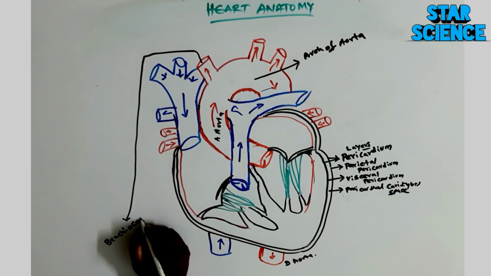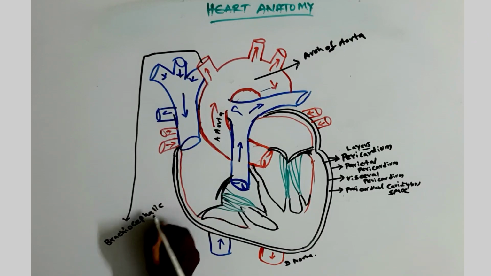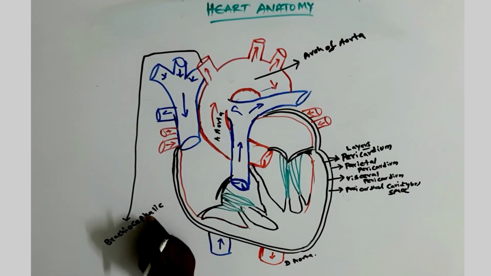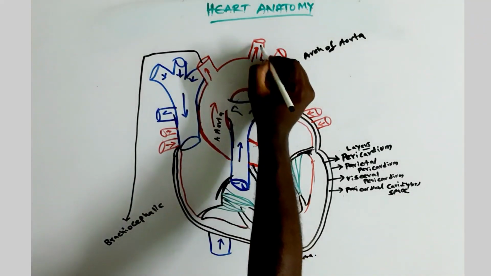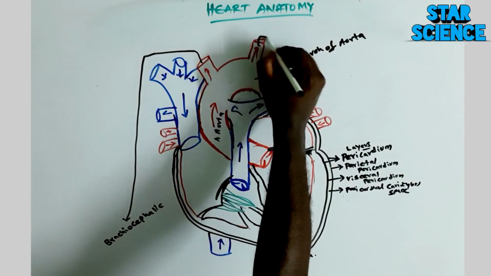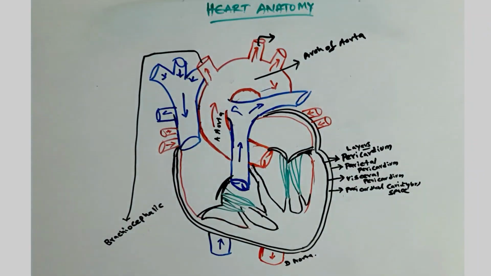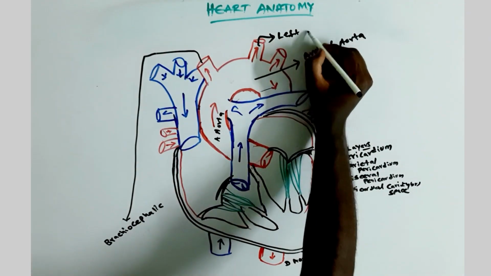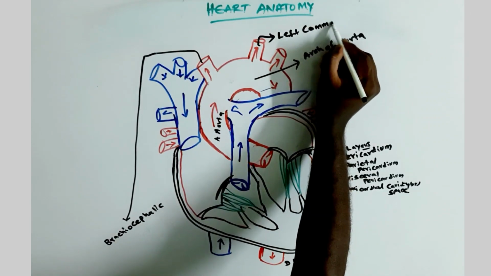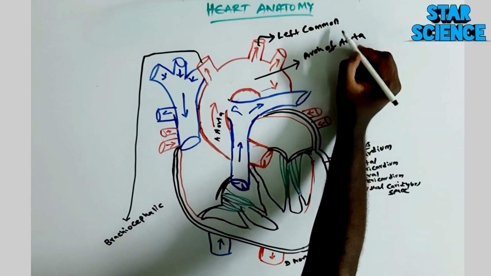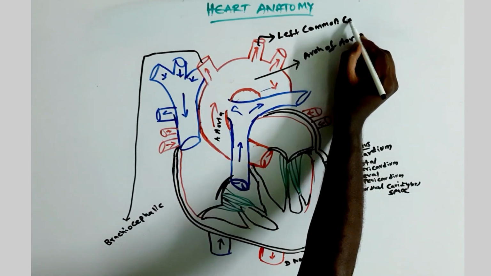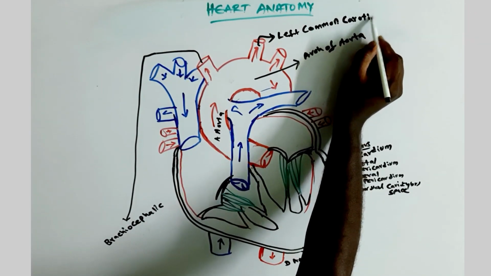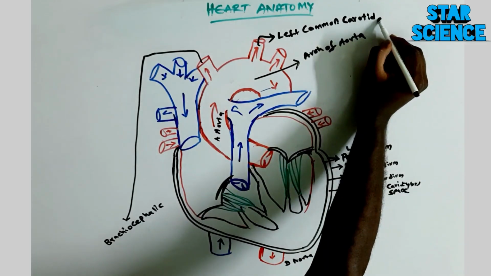Now we are seeing the arch of the aorta, which gives three branches. As we see on the right side, this branch is called the brachiocephalic artery, which we will see in the next video regarding blood supply to all the parts of our body. I will teach you there. Now we will see this particular region in the arch of the aorta. This is called the left common carotid artery, which takes blood to the head through the left side.